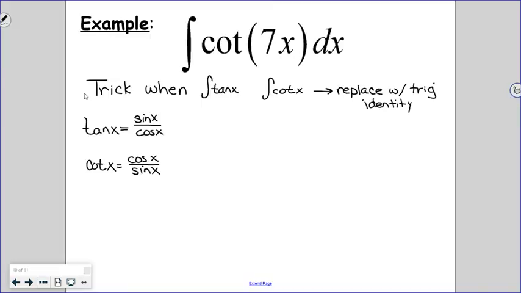Instead of writing cotangent in that integral, we want to write cosine over sine. Otherwise, guys, there's really not any way we can do that. You guys see how I did that? Cotangent of 7x is cosine over sine, but they should still have the same inside, right? So cosine of 7x over sine of 7x.